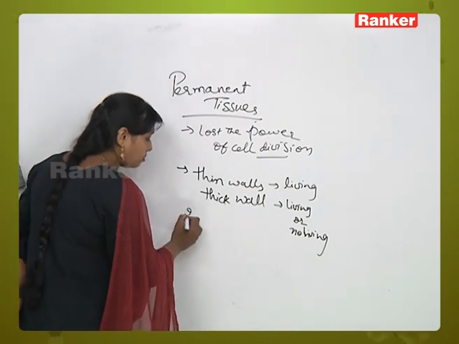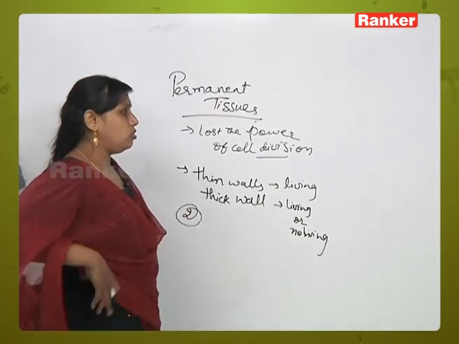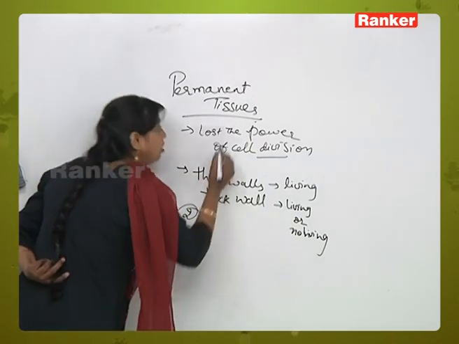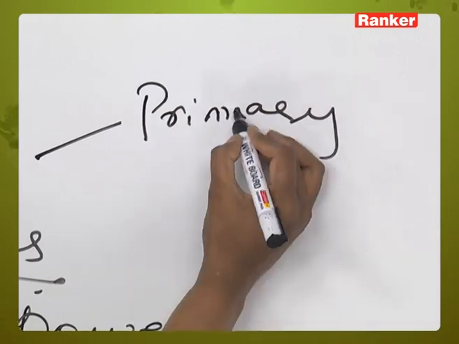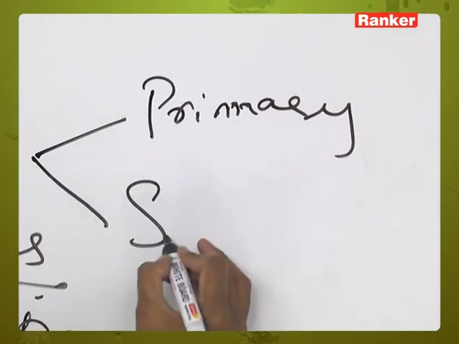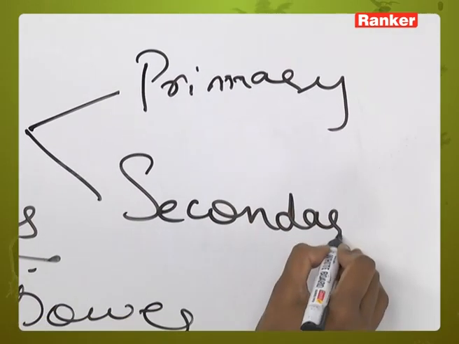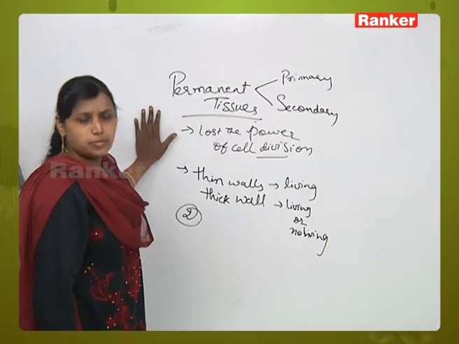There are two types of permanent tissues: primary permanent tissue and secondary permanent tissue. These permanent tissues arise from the meristematic tissues.